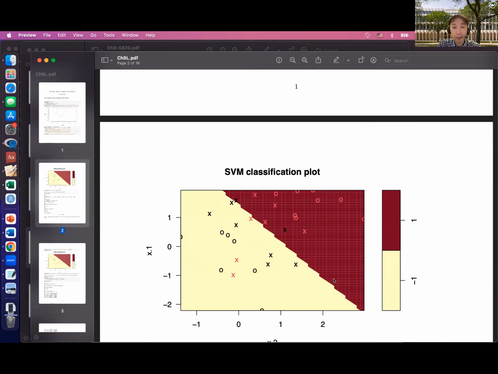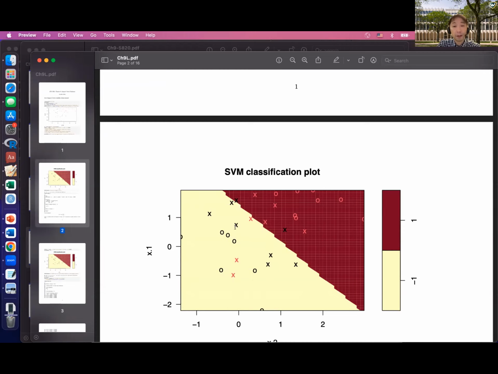The support vector machine classifies the entire space into this red area and the yellow area. So this is the y equal to 1 area, and this is the y equal to -1 area. And these crosses are support vectors.